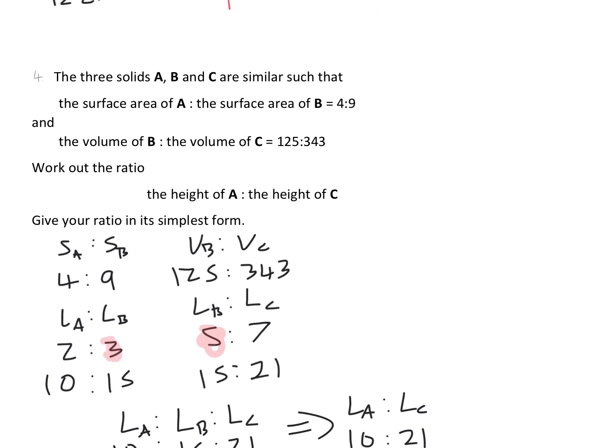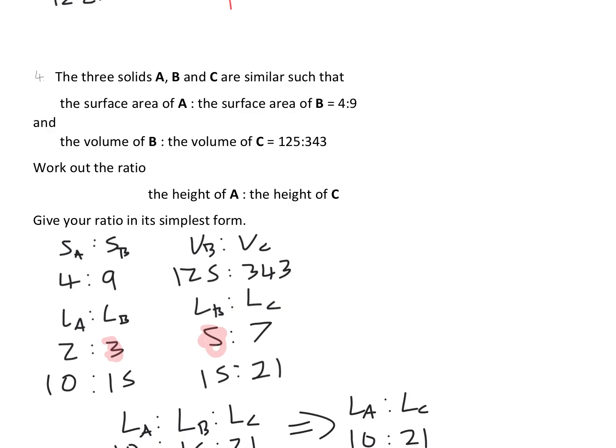So the surface area of A, the surface area of B, just very quickly, that area scale factor is 9 over 4. Then the length scale factor is square root of that, which is 3 over 2.